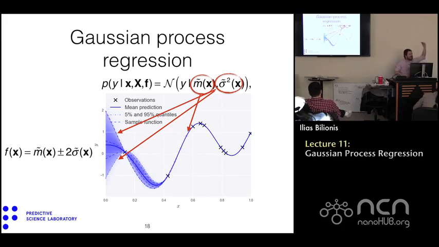So the mean minus 2 times the square root of that variance gives me the lower error bar. The mean plus 2 times the square root of the variance gives me the upper bound, and then I expect the truth to be between these two bounds. Okay? So that's what you can get and summarize your regression.